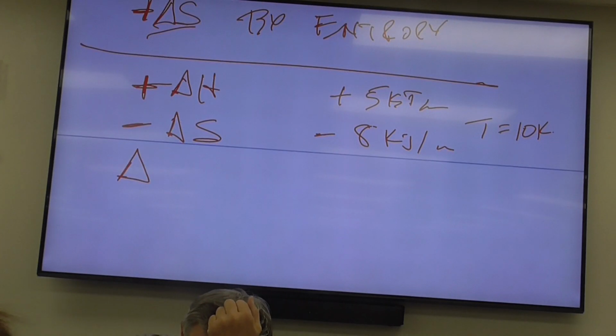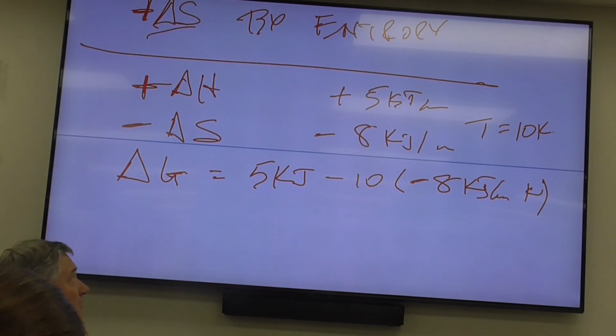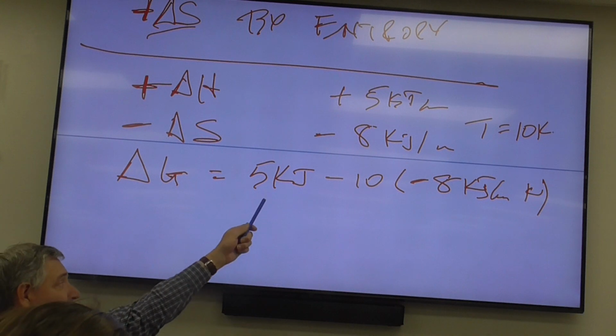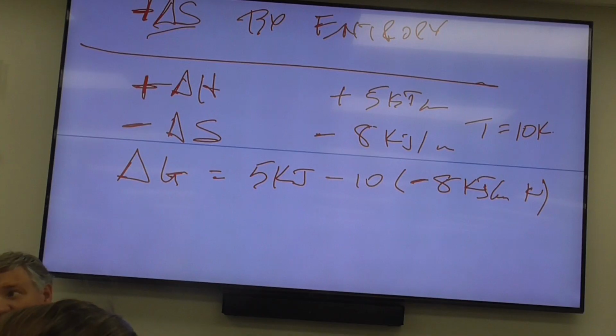So now when I go to calculate delta G, I'm going to have 5 kilojoules minus 10 times negative 8 kilojoules per mole Kelvin. So I got 5 minus my Kelvin times the negative delta S.